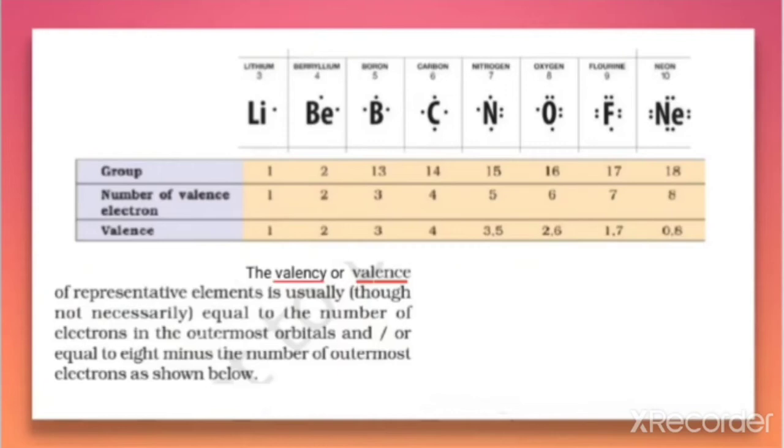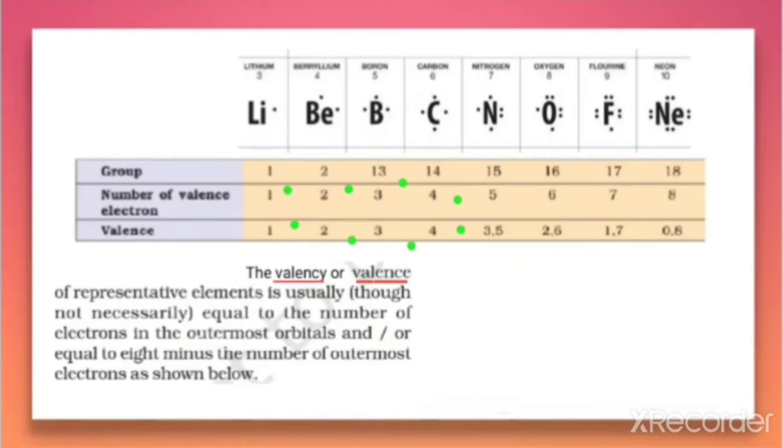When you look here, in some cases like lithium, the valence electron and valency are the same. Beryllium 2, 2, same. Boron 3, 3. That means valence electrons and valency are the same. For carbon also the valence electron is the same as the valency.